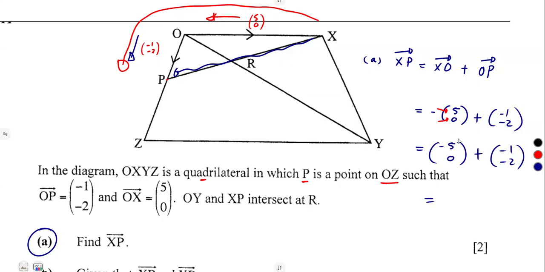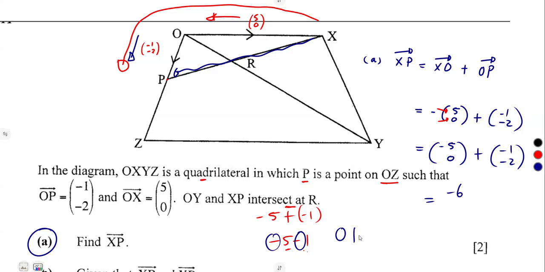As we can see, we are working with column vectors, so we add corresponding terms, corresponding numbers, -5 plus -1. So that's going to give us a negative. -5 minus 1. Add these, that's 6, and put a negative on your answer, the common sign.